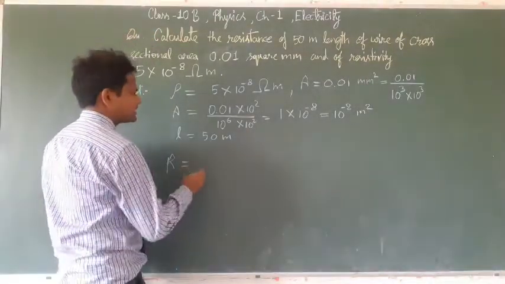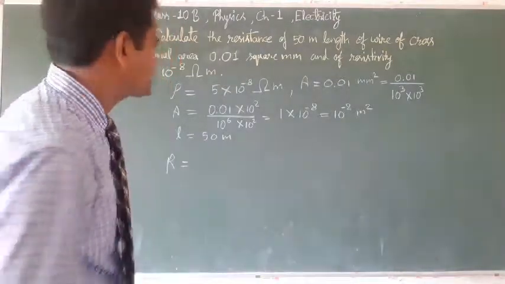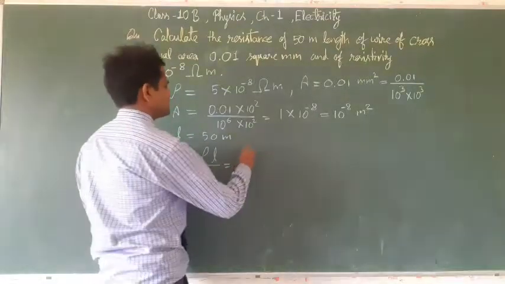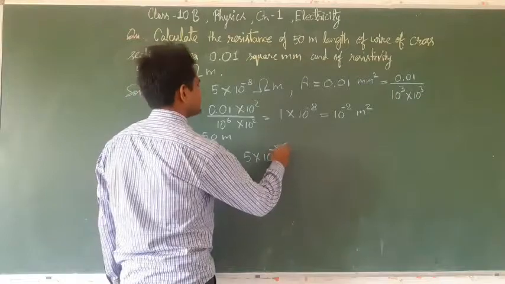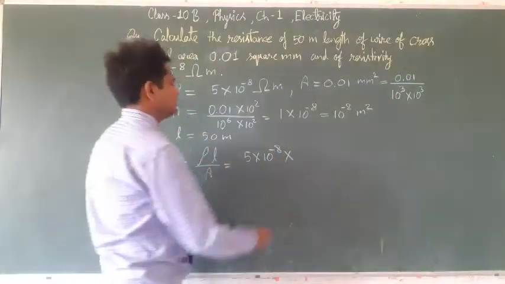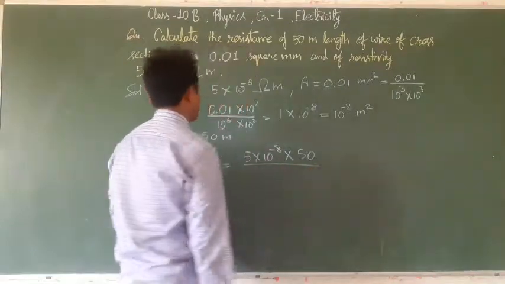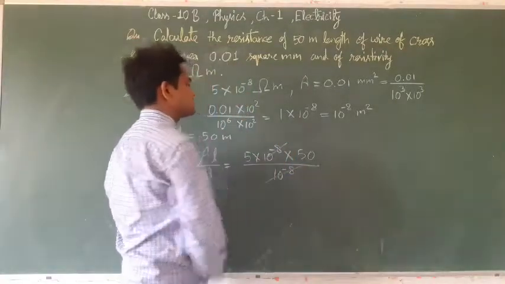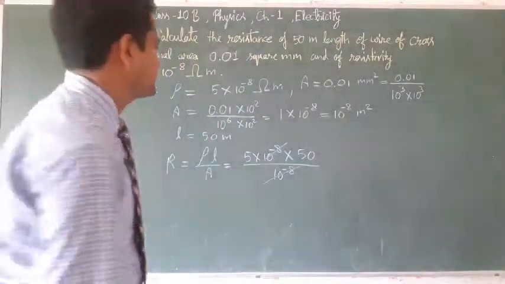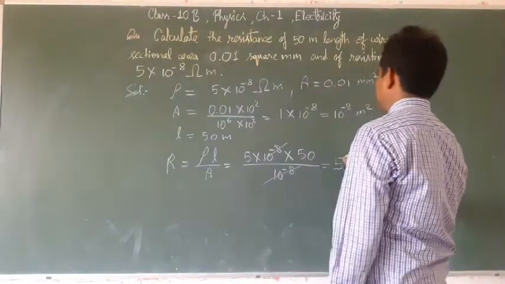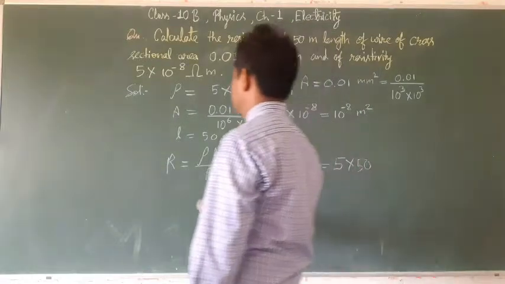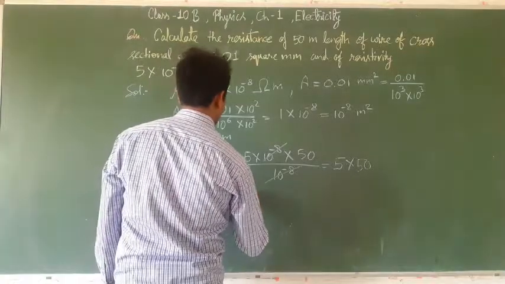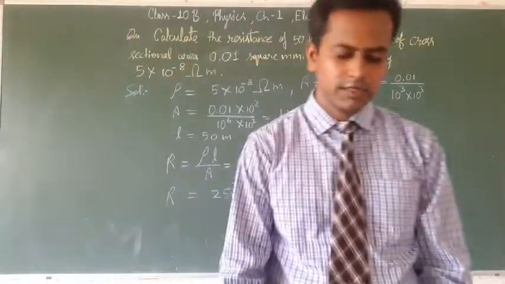So we know that R is equal to rho L by A. That is, the value of rho is given that 5 into 10 to the power minus 8 into the value of length is 50 and the value of area, that is 10 to the power minus 8. 10 to the power minus 8, 10 to the power minus 8 will be cancelled out. Then 5 into 50, that is 250 ohm.